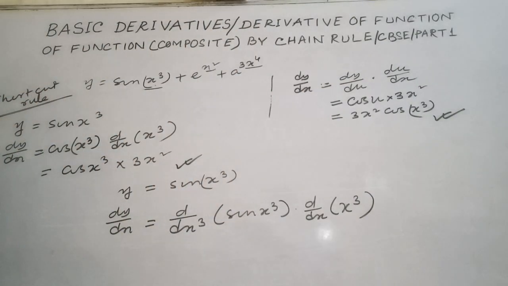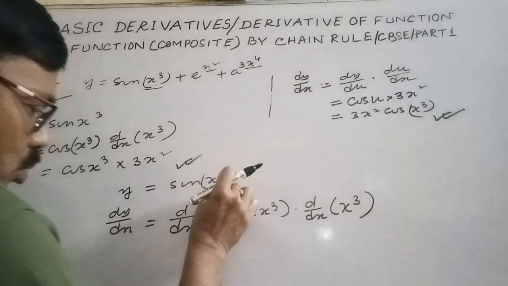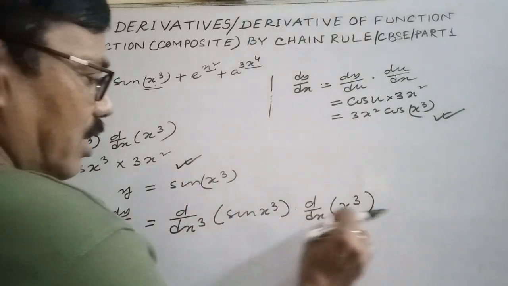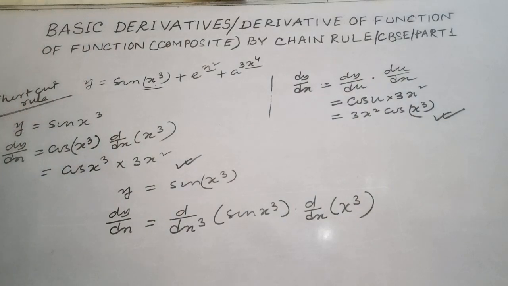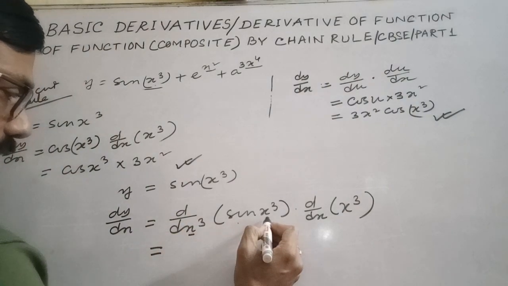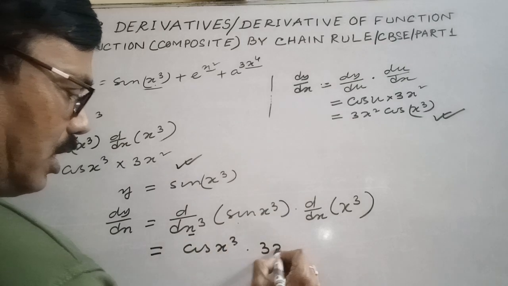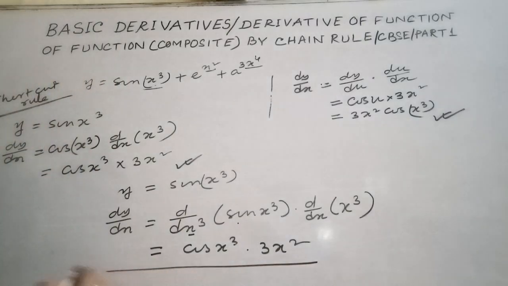So in this case, you have to take the derivative with respect to the argument, then d dx of the argument. So this is cos x cube and this one is the same, so cos x cube into 3x square.